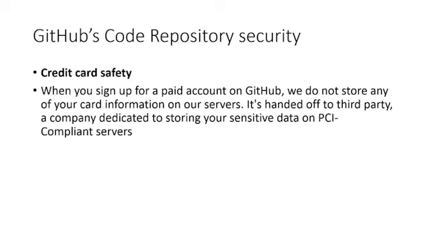So what they do is they hand off to a third-party company dedicated to storing your sensitive data on PCI compliant servers. So they don't handle the credit card part. They pass that off. They're transferring that risk, right, off to somebody else in this case.